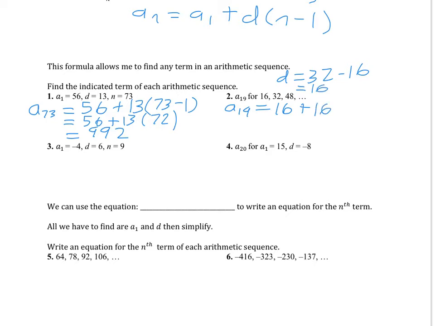And then times n minus 1, n is 19. Remember, n is the subscript there. So this is going to equal 16 plus 16 times 18, which equals 304.